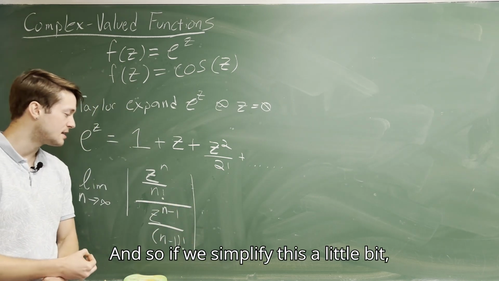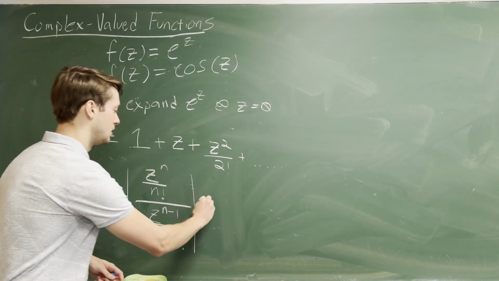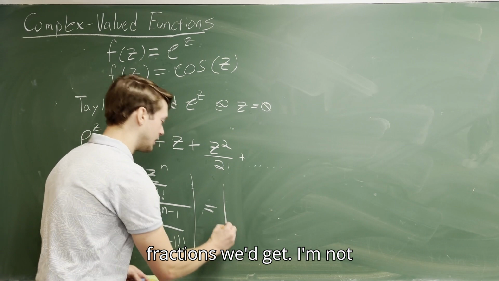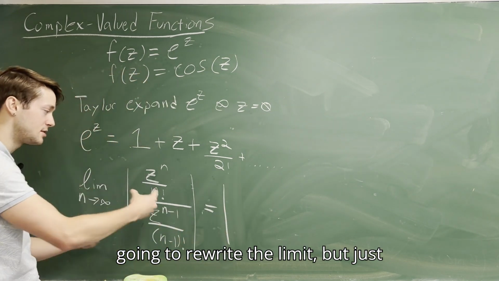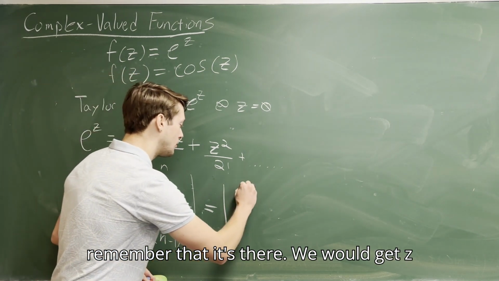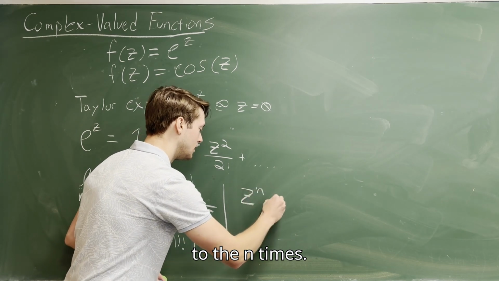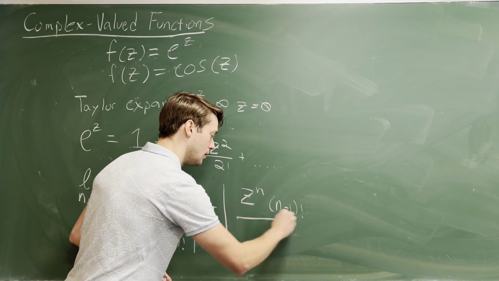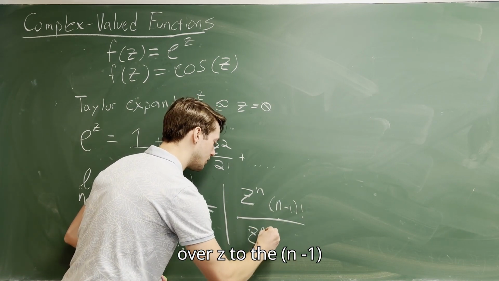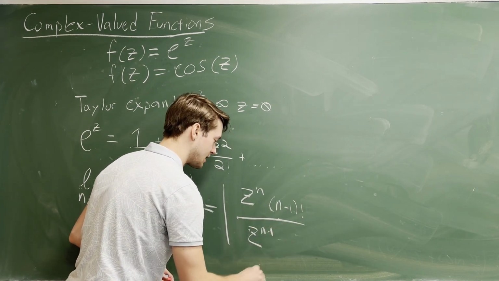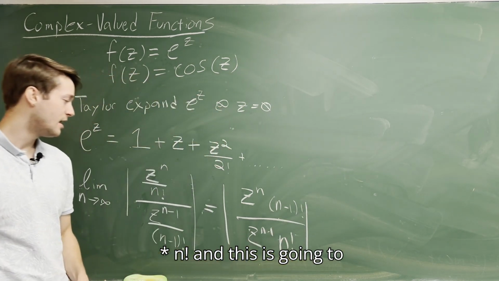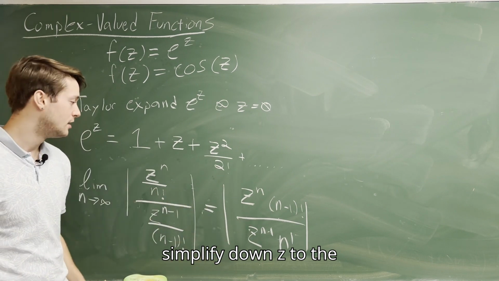And so if we simplify this a little bit, we fix these disgusting looking fractions, we'd get, I'm not going to rewrite the limit, but just remember that it's there. We would get z to the n times n minus 1 factorial over z to the n minus 1 times n factorial. And this is going to simplify down.